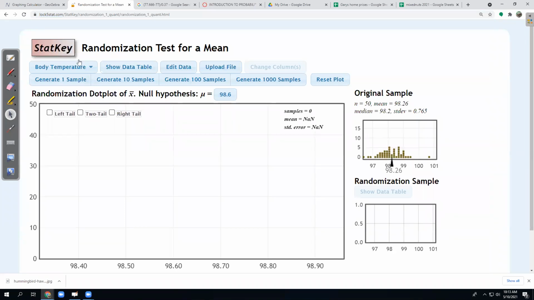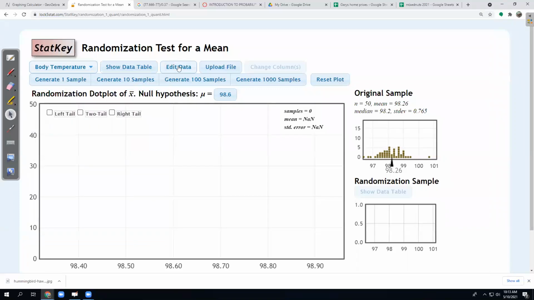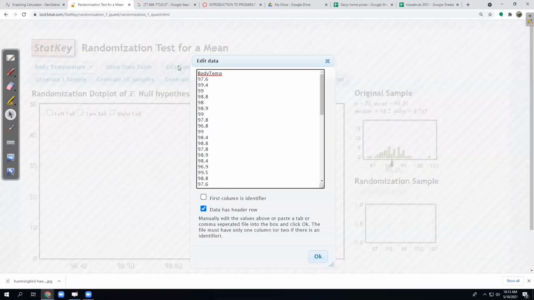And here, Stackkey doesn't know about my housing prices, so I have to edit the data whenever I bring in foreign data. Highlight, delete existing, paste it in, double check we have the right buttons. So let's see, my data has a header row up there, but I don't have a column in front of this saying which house is which. So it's okay that that's not checked. This is checked, that's good, okay.